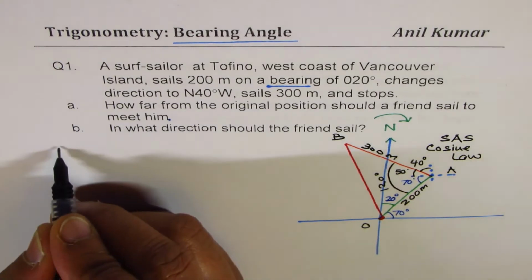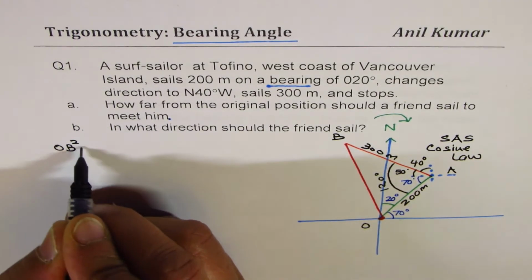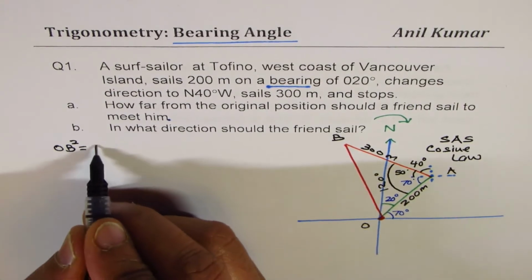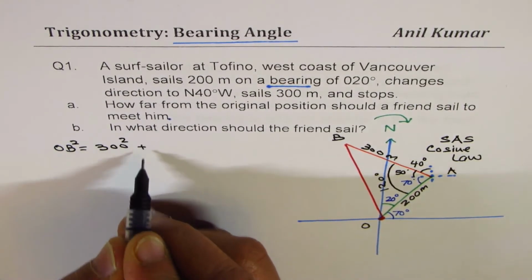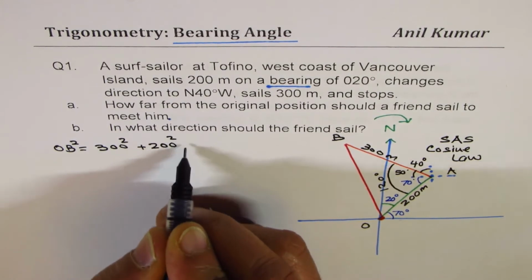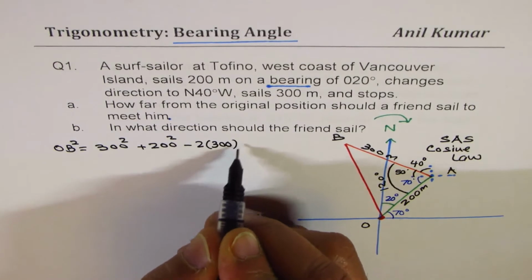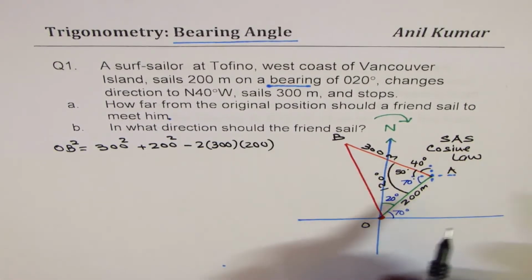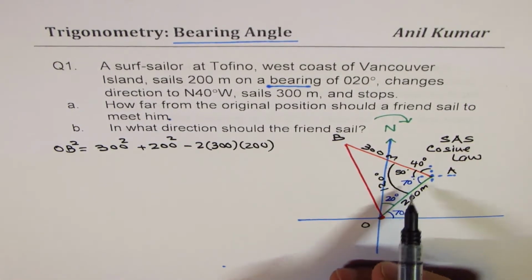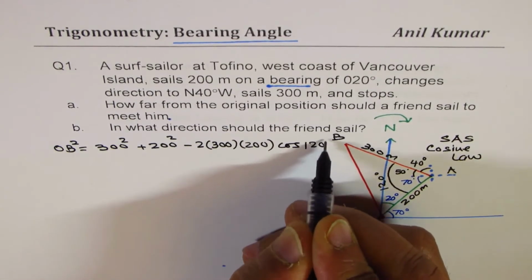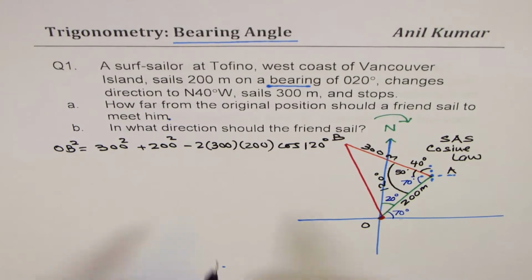So OB square is equal to the sum of these 2 squares, which is 300 square plus 200 square, minus 2 times 300 times 200 times cosine of the angle in between. So it's direct application of the formula, right? Cos of 120 degrees. So let's calculate this value.